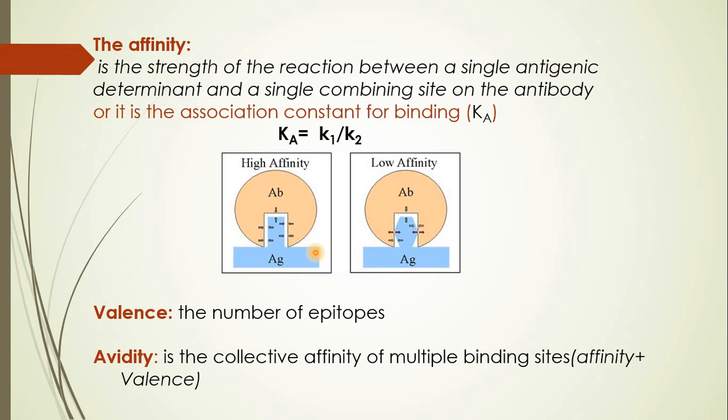For example, here if I consider only the lower one, it will give me affinity. But if I consider all the 5 binding sites of antigen to 5 binding sites of antibody, I can say it is avidity. So here also the same holds true. Is that clear?